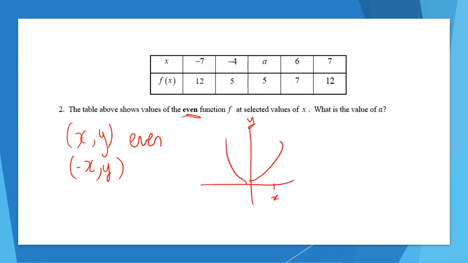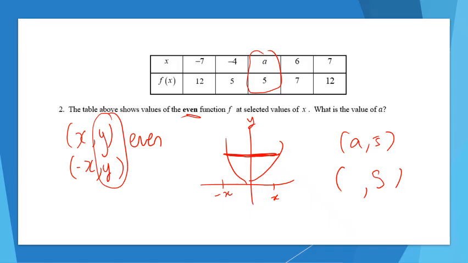If you have x here and then negative x, they're going to have the same y value at both points. So here we are looking at a comma 5, and we could compare it to something with the same y value. I see another point, negative 4 comma 5. So we can take the opposite of negative 4 to get a equals positive 4, and that should be our answer there.